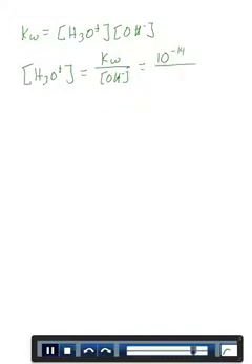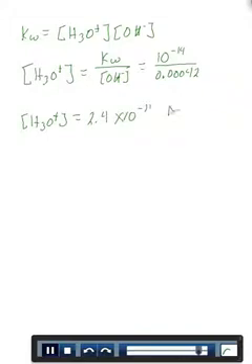So at 298 Kelvin, Kw is always 10 to the minus 14th. So that will give me the H3O plus concentration of 2.4 times 10 to the minus 11th molar.